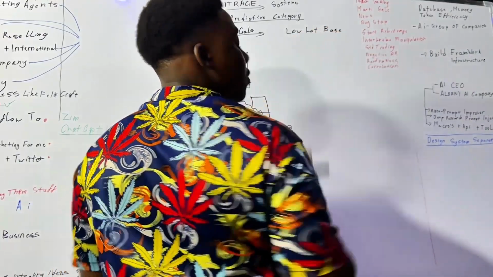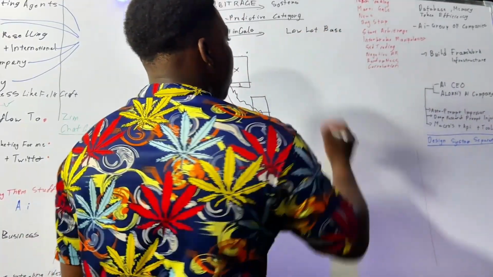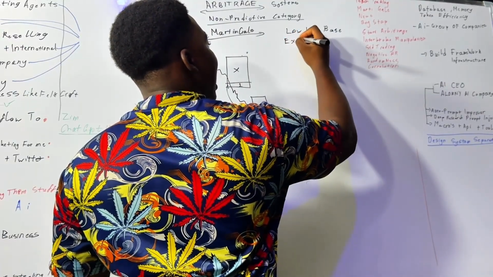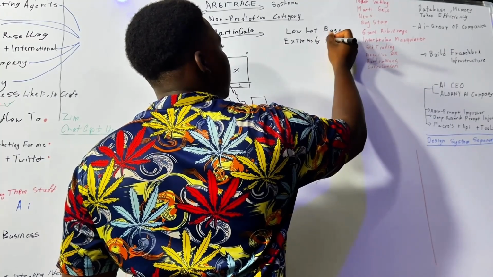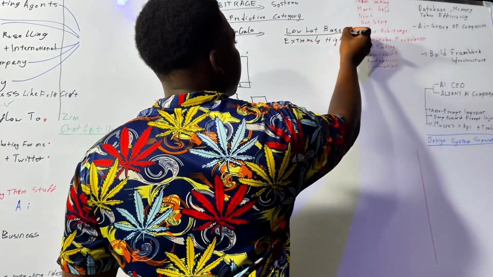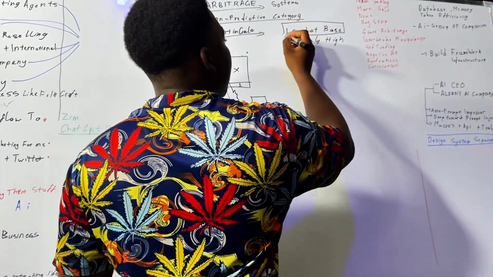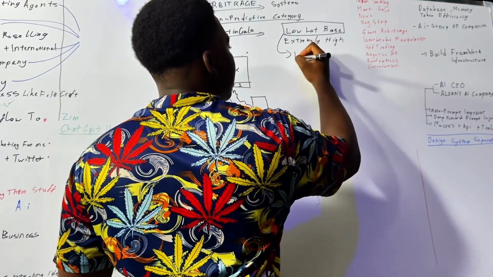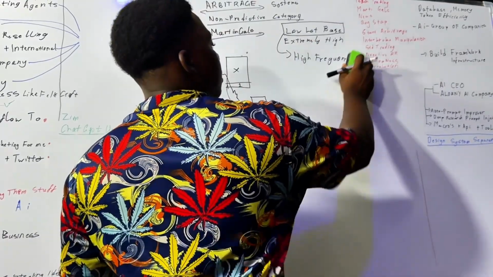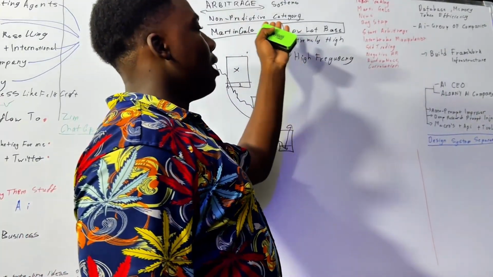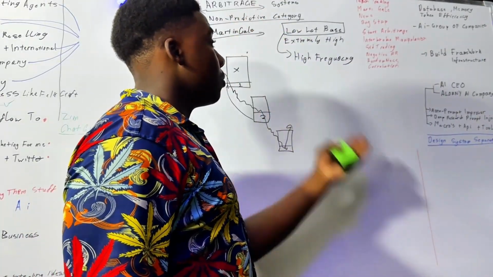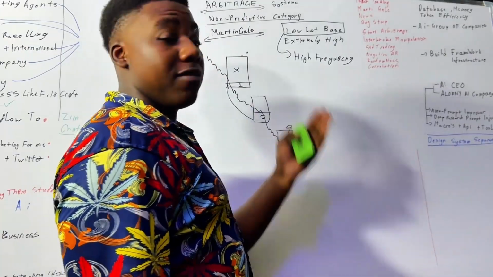So the base for your lot size has to be low, or you need to have extremely high capital. This is a lot easier. So for the low lot base, to make it work, you need a high frequency. And the high frequency to make the low lot base work. Okay, you need a high frequency.